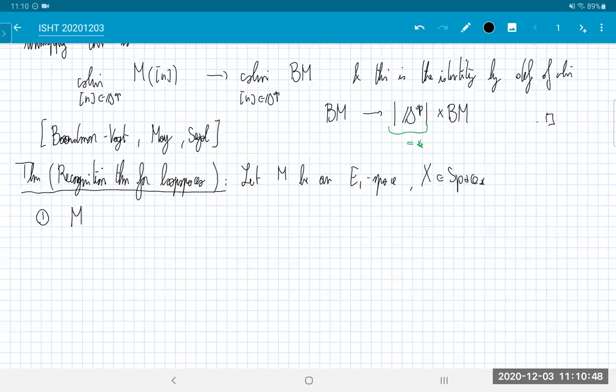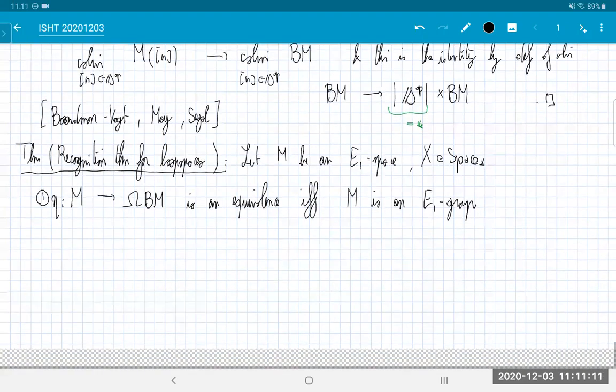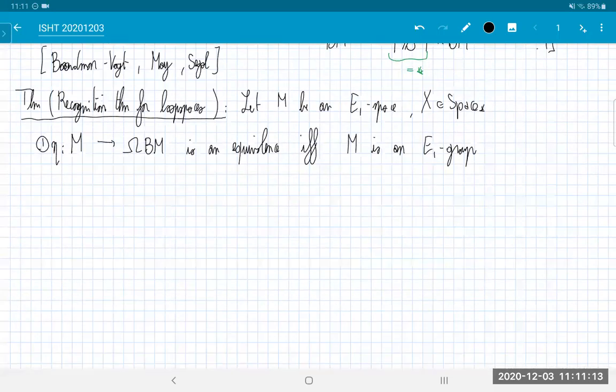First, the map eta is an equivalence if and only if M is an E1 group. And this statement is actually the most important one. That's the one from which all the others will follow formally. Second, BM is connected.